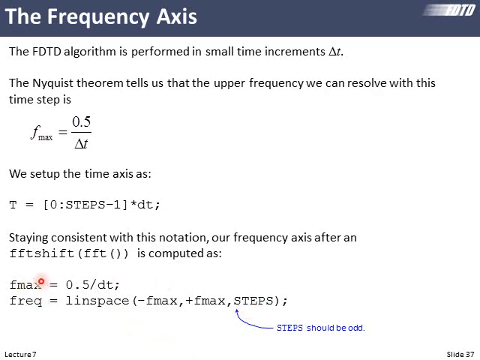Since f max is the maximum frequency we can resolve, and we're going from negative to positive frequencies in our Fourier transform, this must need to go from negative f max to positive f max in some number of steps. So this is how we'll calculate our frequency axis. In this formulation here, steps should be an odd number. If it's even, you'll be off by a little bit. It's still possible to create a correct frequency axis. We just need to compensate for that. But it's easy enough just to make steps odd, and then this works.